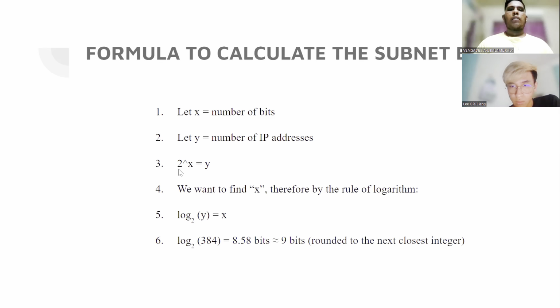So to calculate, this is the formula: 2 to the power of X equals Y. Now that we want to find X, by the rule of logarithm, log base 2 of Y equals X. So the original calculation is log base 2 of 384, because the administrative department requires 384 usable host addresses, which will result in 8.58 bits, which will then be rounded to the next closest integer, 9 bits.